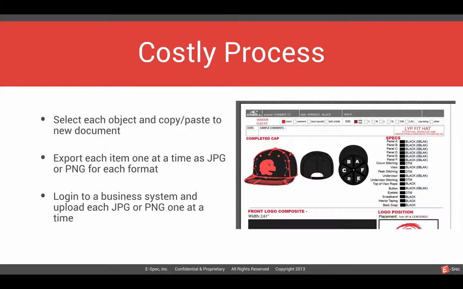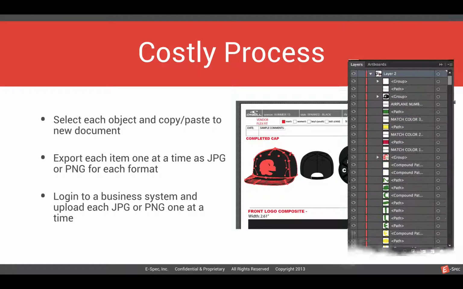Once the images are exported, the designer spends even more time logging into these business systems or email or FTP and uploading these images one at a time. When the change is made, the designer is expected to remember who got a copy of what and supply the updated version to them. What a mess, right?